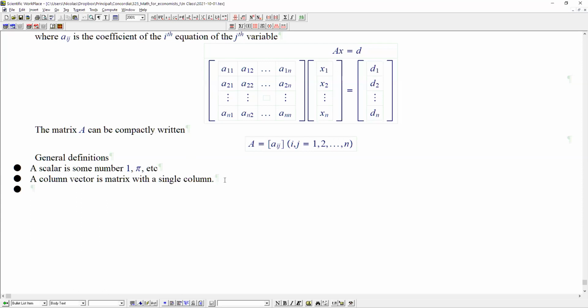And then you might guess it, a row vector is a matrix with a single row. So a column vector would be this, for instance, and a row vector would be this, for instance.